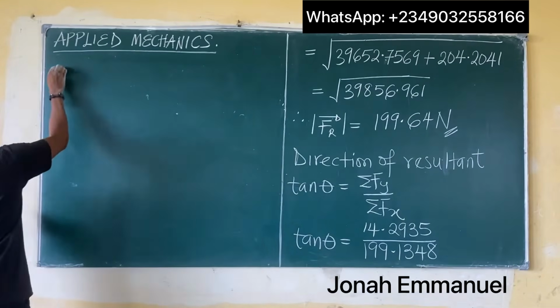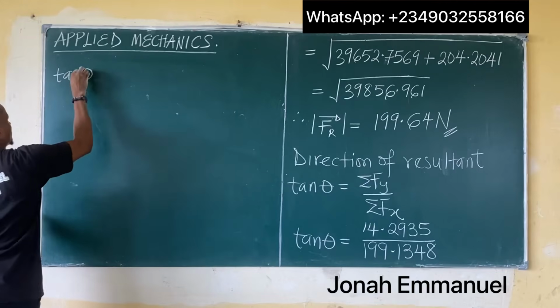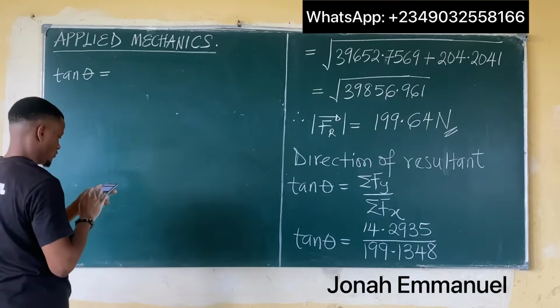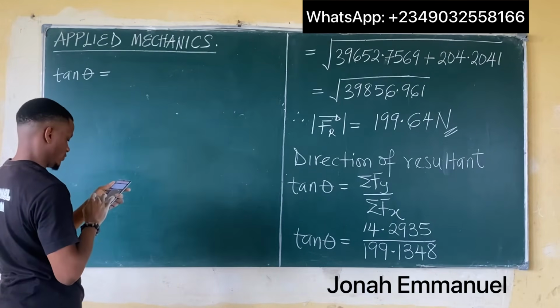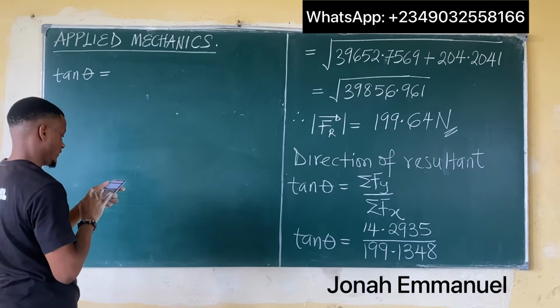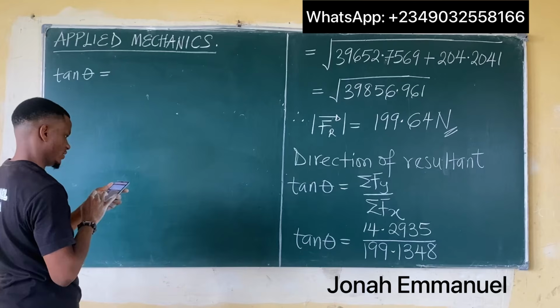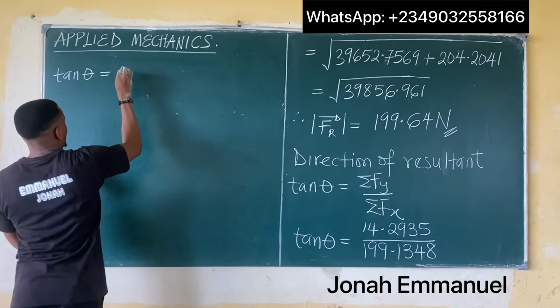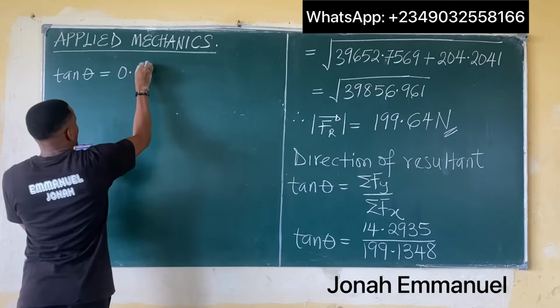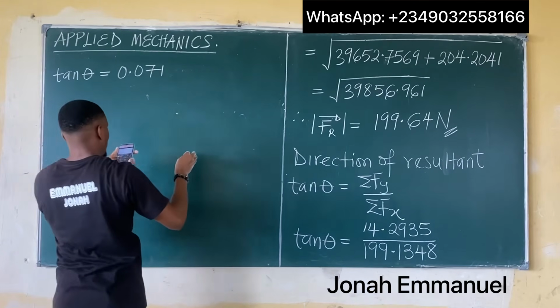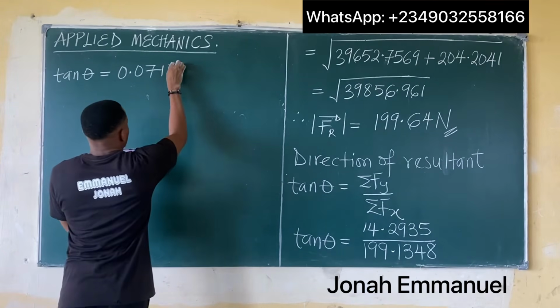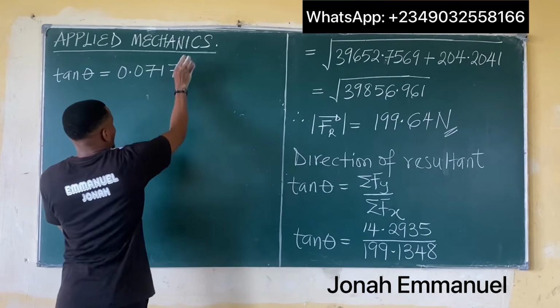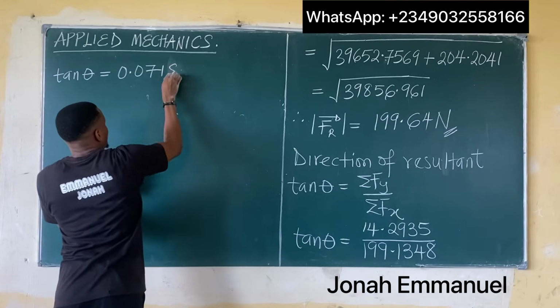So from here, tan of theta is equal to 14.2935 divided by 199.1348. That's about 0.071723, so approximately 0.0718.